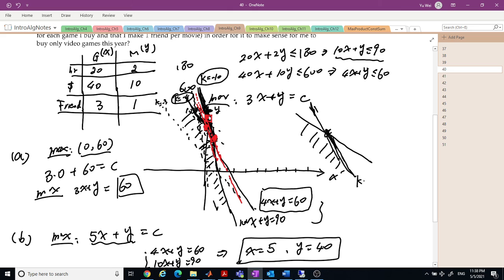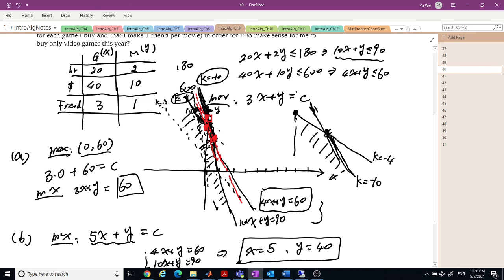The slope here is minus 10, the slope of this one is minus 4. We want to maximize at the point where we make all the video games.